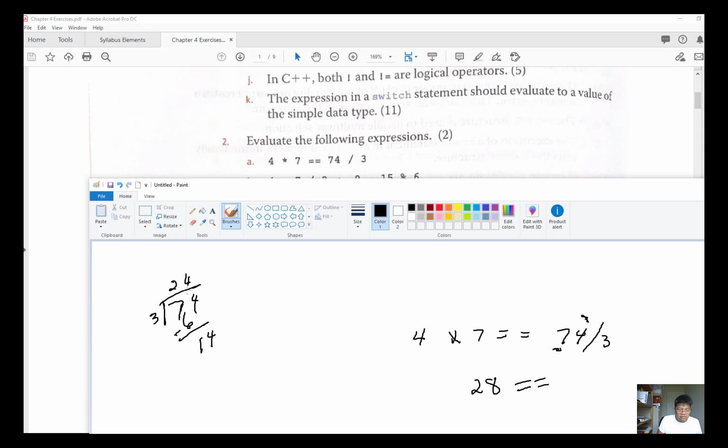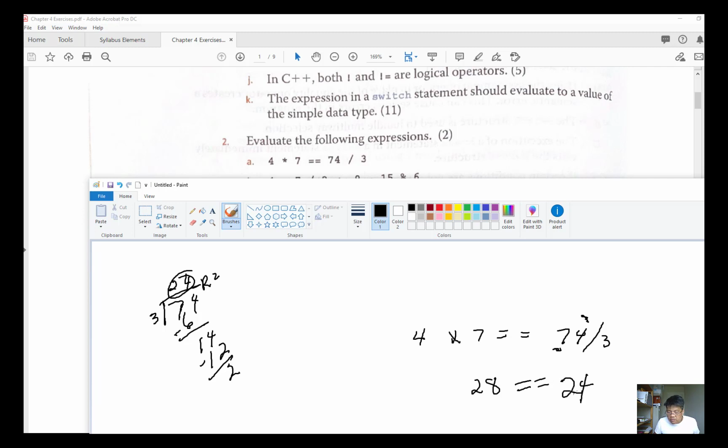Let's say 4, and that becomes 12, right? And that's 2, so this has a remainder of 2. But I'm interested in this part because it's 24, because 74 is an int, 3 is an int, and an int divided by an int gives you an int, right?